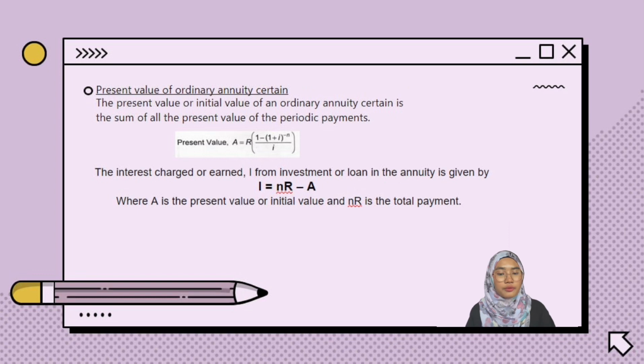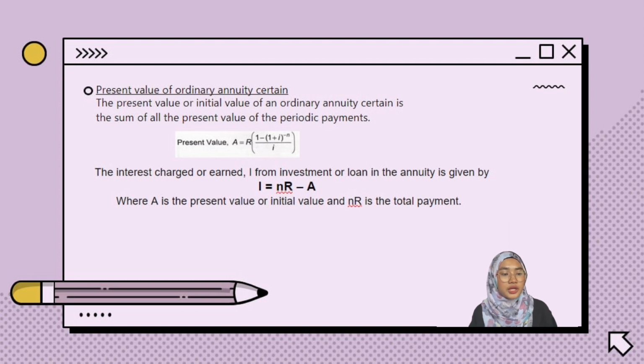Present value of ordinary annuity certain. The present value or initial value of an ordinary annuity certain is the sum of all the present values of the periodic payments. The formula is as below: present value A equals R times [1 minus (1 plus i) to the power negative n] divided by i.